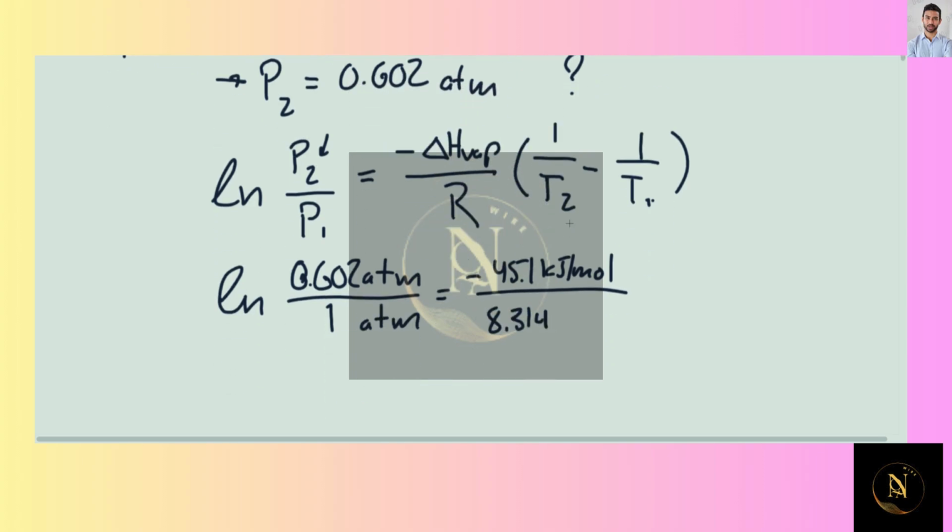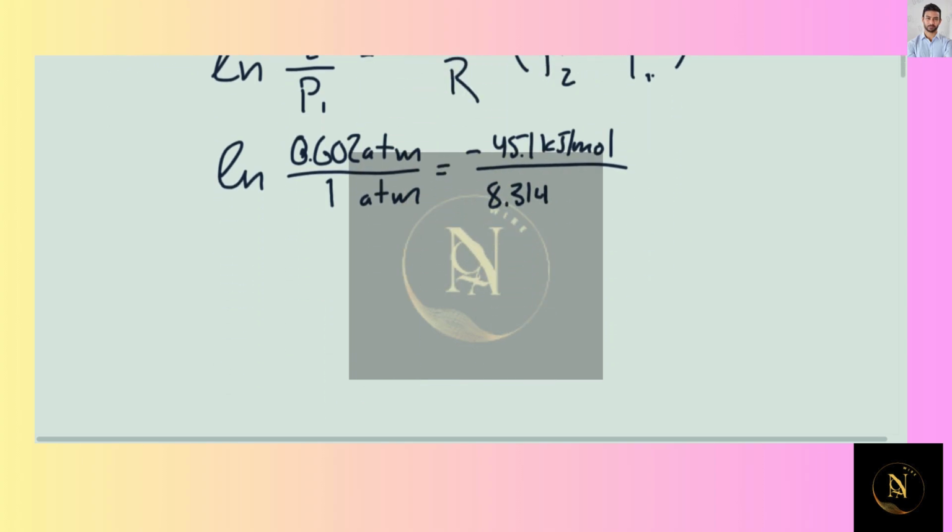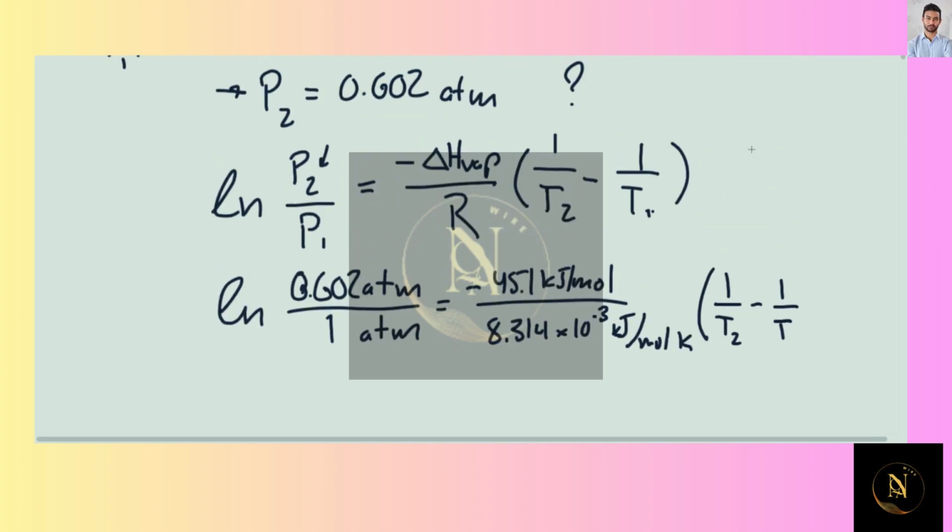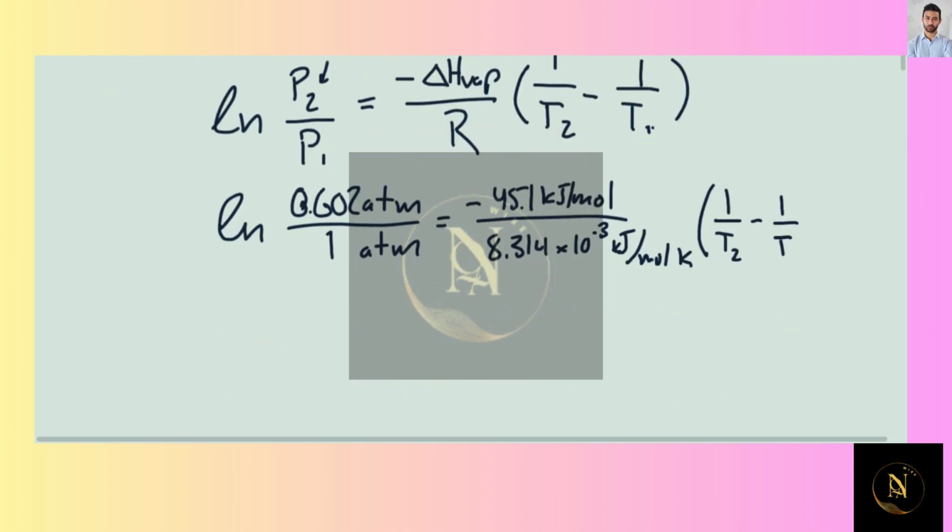Let's see, this is going to be in joules, so to put it in kilojoules, we're going to want to multiply by 10 to the negative 3. So 8.314 times 10 to the negative 3 kilojoules per mole Kelvin. And then our temperatures go in here. We do 1 over T2, this is the temperature we're trying to find, and then T1 is just the normal boiling point, which we know to be 351 Kelvin.